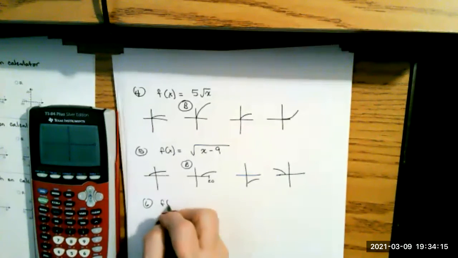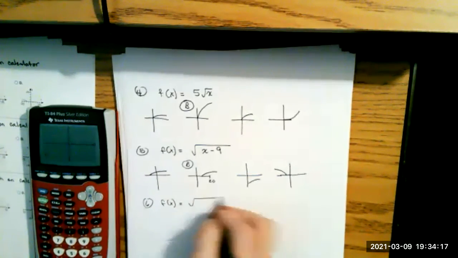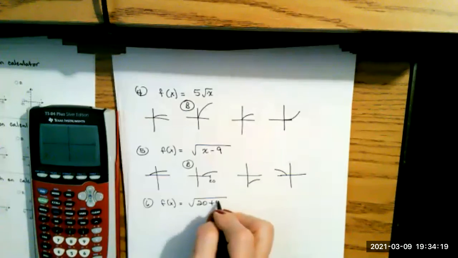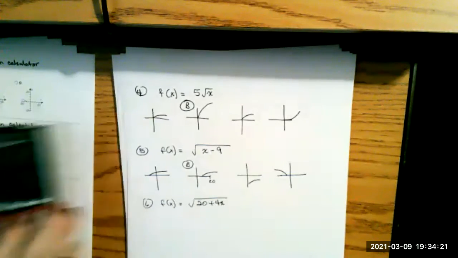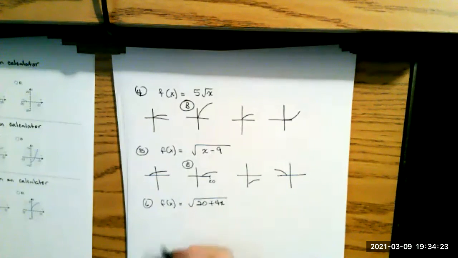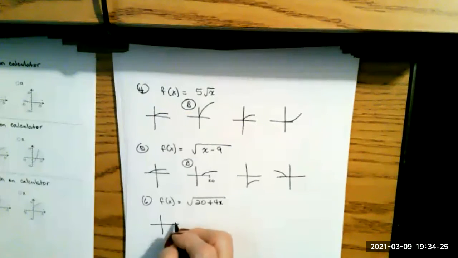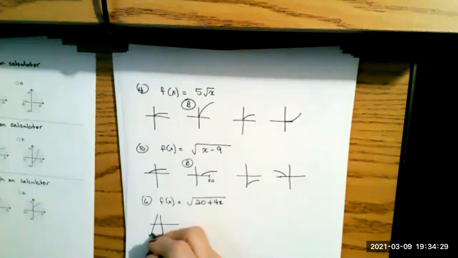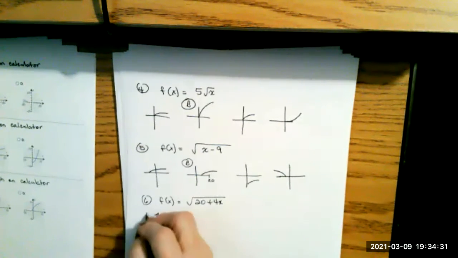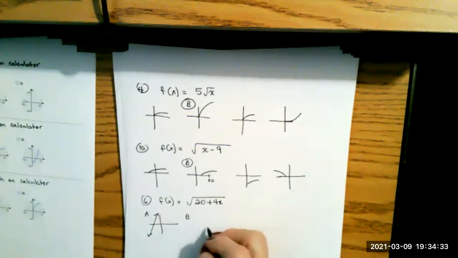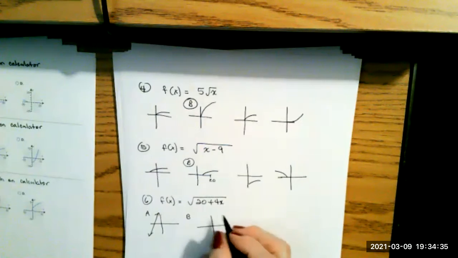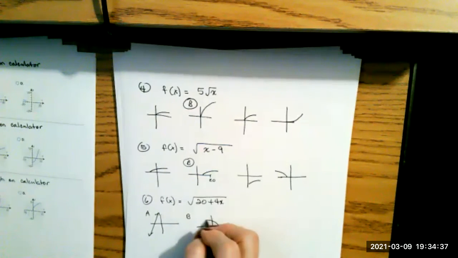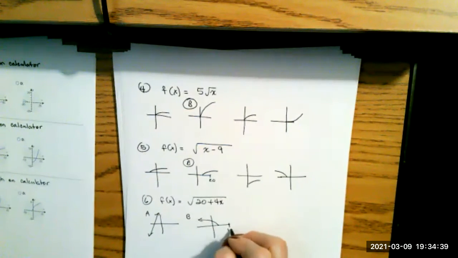Number 6 is f of x equals the square root of 20 plus 4x. Okay, so the first graph looks like a straight line that goes this way. That's A. B looks like a graph that goes this way, and this number over here is 10.